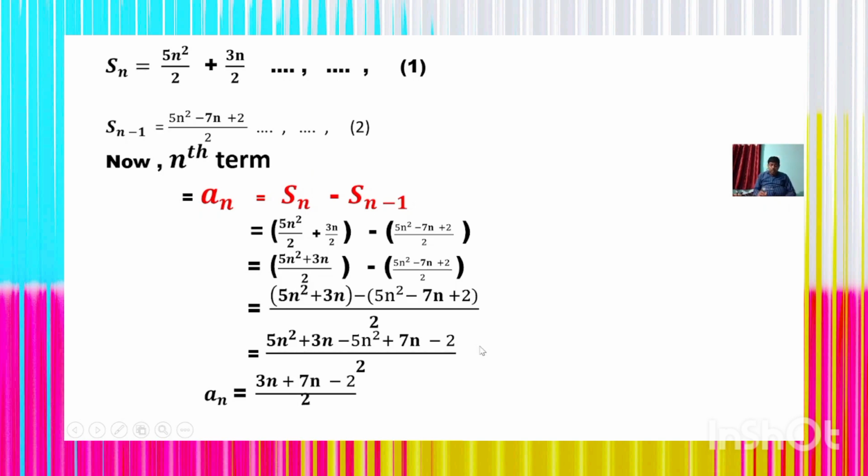Okay, and here we can cancel plus 5n square and minus 5n square. After cancellation, we will get 3n plus 7n minus 2, which is 10n minus 2 whole divided by 2. Thus, the nth term an is equal to 10n minus 2 divided by 2.